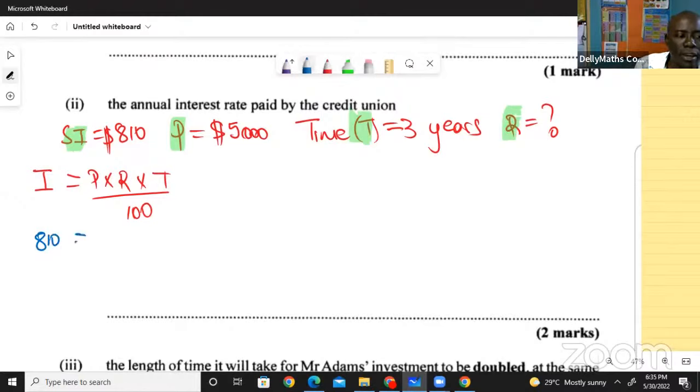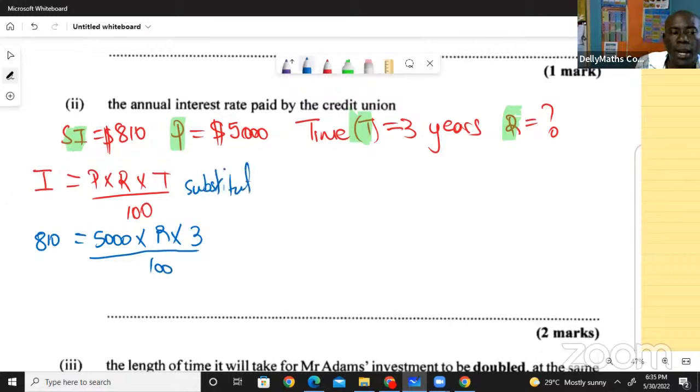So interest, which is the 810, is equal to my principal, yes, 5,000, times the rate that I don't know yet, times the time that it took, which is 3, over 100. What I did here is simply substitute. I am substituting what I know in the regular formula, and then we work it down.